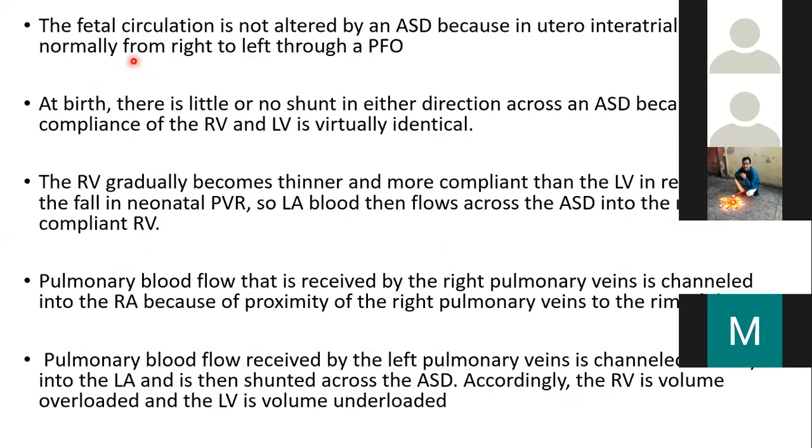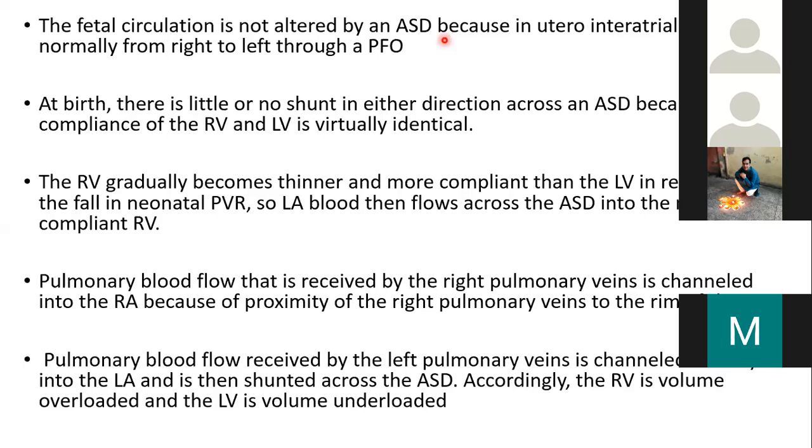So in fetal circulation, there is no left to right shunt across the ASD because in normal fetal circulation, the flow is from right to left, as pulmonary vascular resistance is increased in the fetus.